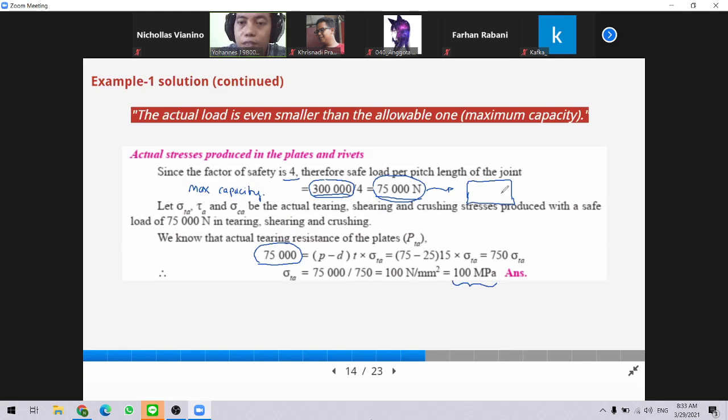So the working stress on the plate will be 100 megapascal. So if there is a rivet here, the working stress here will be 100 megapascal due to 75 kilonewton of load.